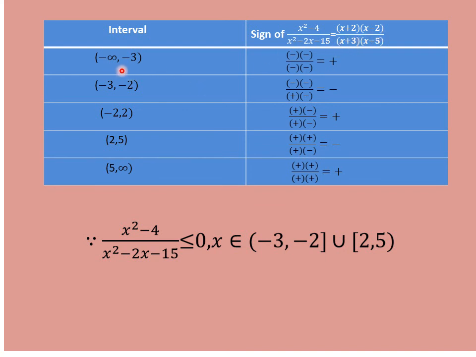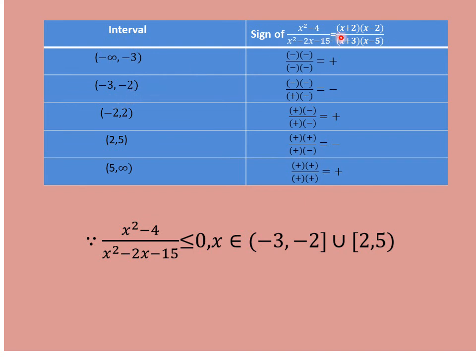If you replace in this place, it will be easy for you. Minus infinity comma minus 3 means you can take minus 4. When we replace x by minus 4, what you'll get here? Negative, negative, negative. So all the terms are becoming negative. Minus into minus is plus, plus by plus means it is plus. Then minus 3 comma minus 2. In between these two values, you can take minus 2.5.